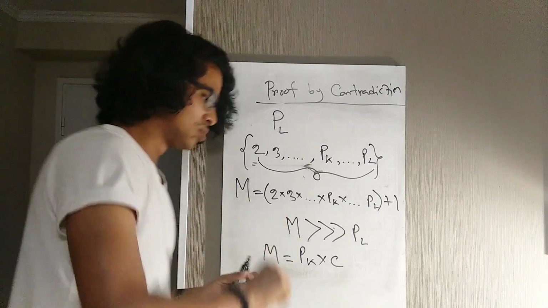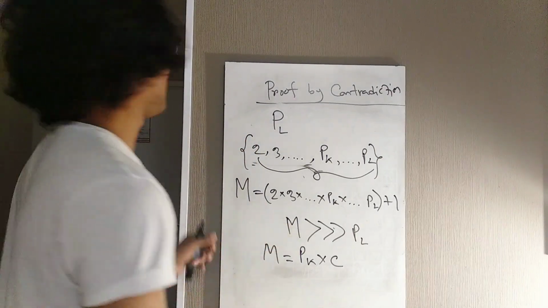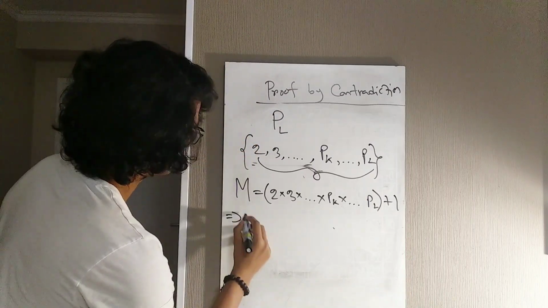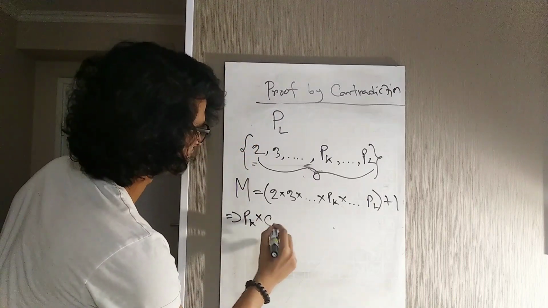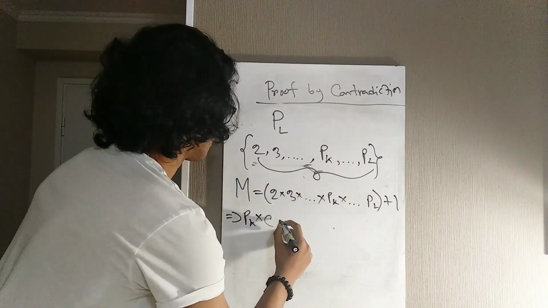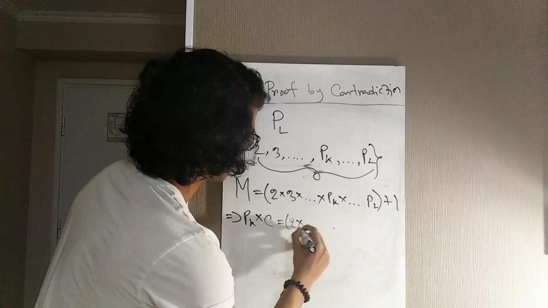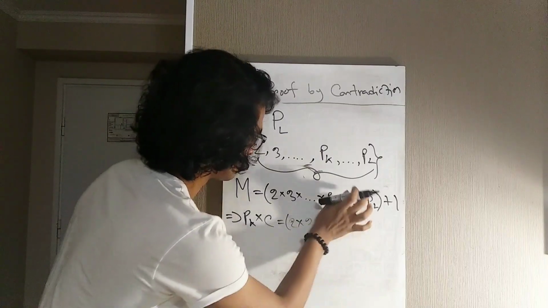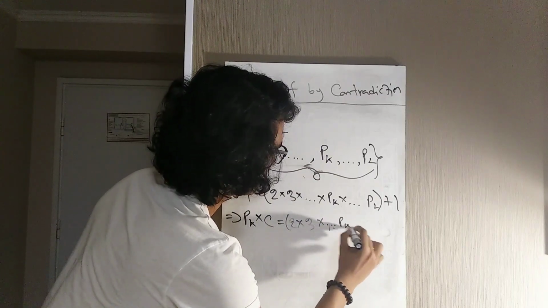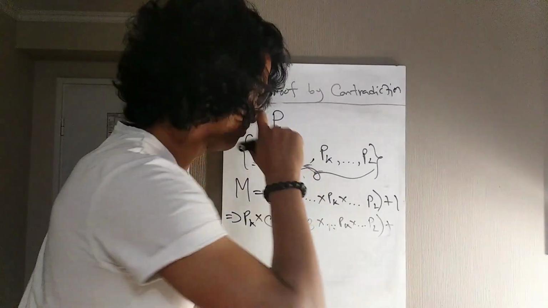What I'm going to do is replace M with pk multiplied by c, where pk is one of the arbitrary primes and c is an arbitrary integer. And on the right side we have 2 multiplied by 3 multiplied by some prime, and then pk multiplied by pl, which is the assumed largest prime, plus 1.